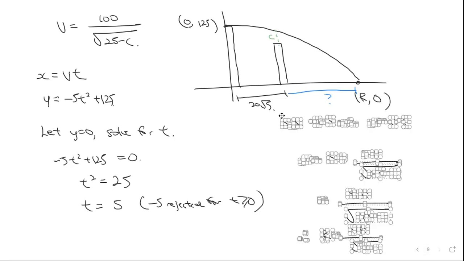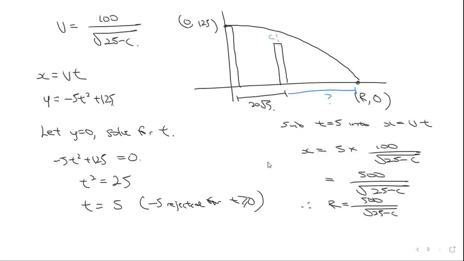You just do a bit of subtraction, and you're done. So the distance d, shall we say? So d will basically be r minus 20 root 5, which is 500 over the square root of 25 minus c, minus 20 root 5.